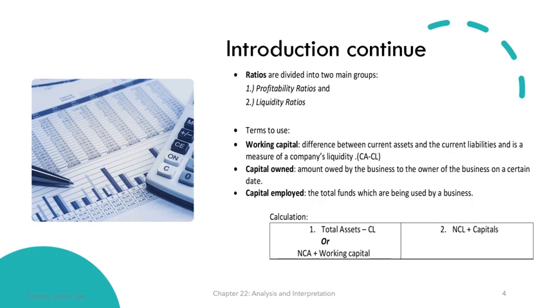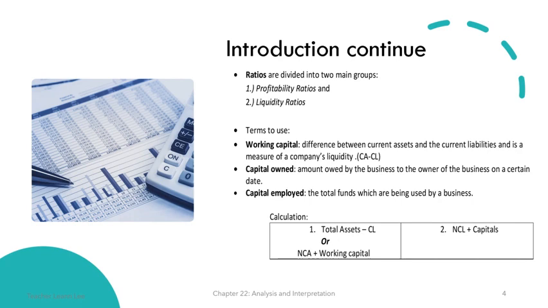The calculations for capital employed and capital owned are different. Capital owned is the initial investment to run the business, or the accumulated yearly profit kept in the company. Capital employed is how well I use the funds to generate profit.